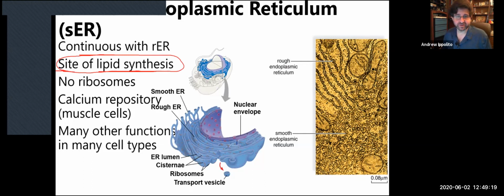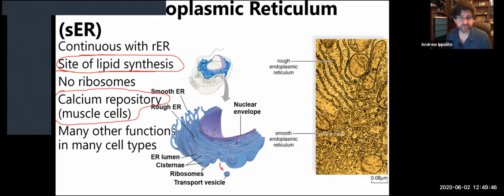In muscle cells, there's a specialized version of the smooth ER called the sarcoplasmic reticulum. That's a repository for calcium. So it plays different roles in different cell types. In the liver, the smooth ER's job is to help break down toxins.